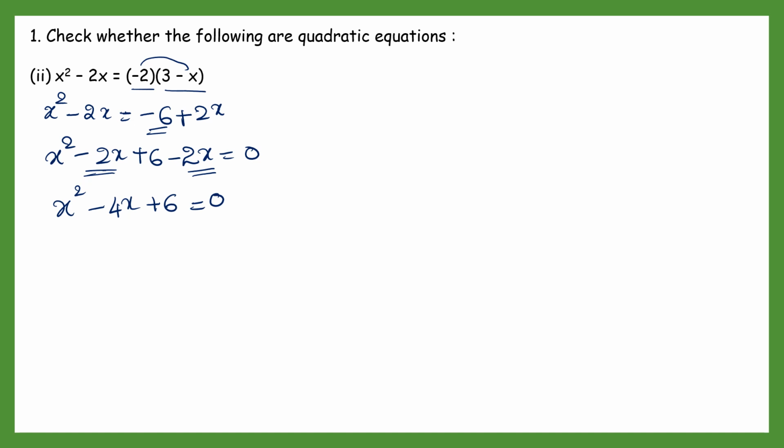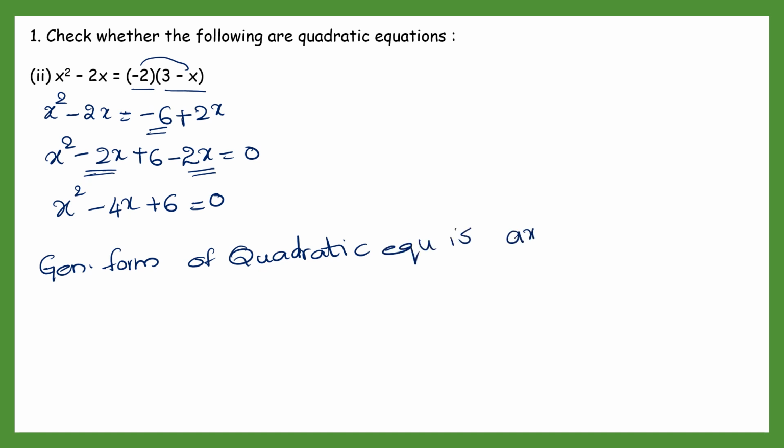Next, we should check whether it is quadratic or not. The general form of a quadratic equation is ax square plus bx plus c is equal to 0, and a should not be equal to 0. Let's compare our result with the general form.